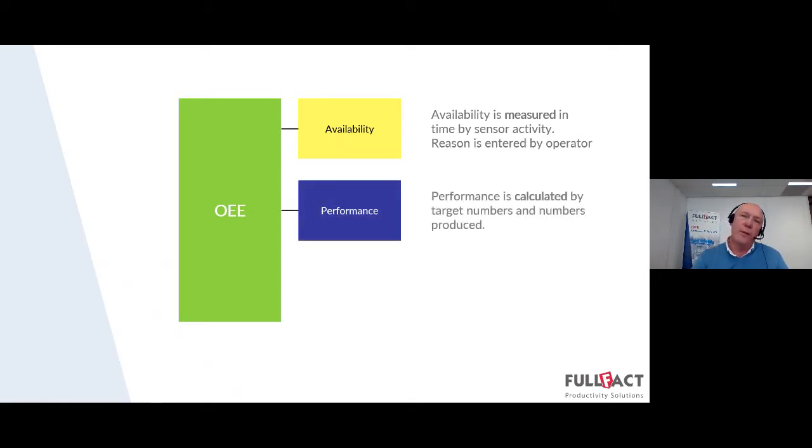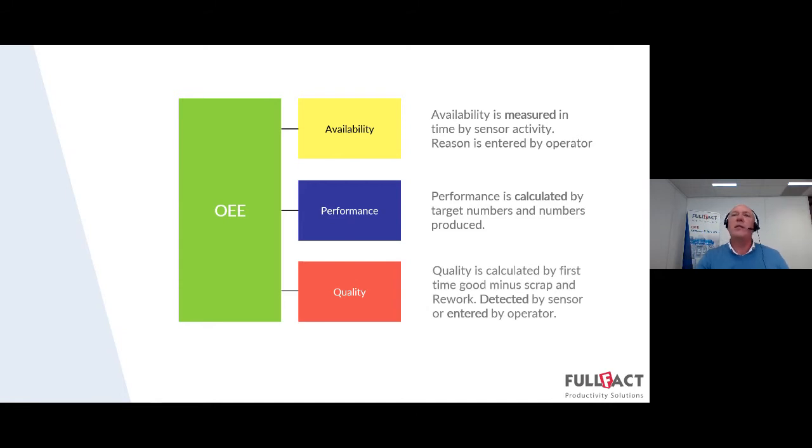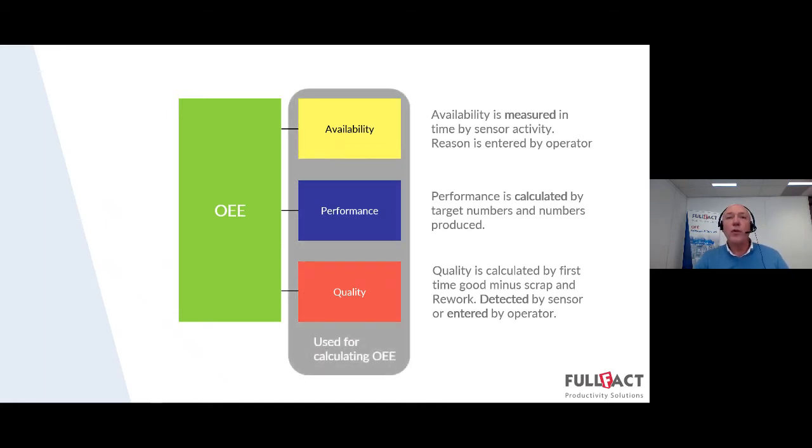Performance is calculated. The number of minutes that you could be producing and the number of products that pass by determines what performance you have. Last but not least, the quality again. Quality is calculated by the rejects, or you can put it in manually into our system. Those 3 categories are used for calculating the OEE.